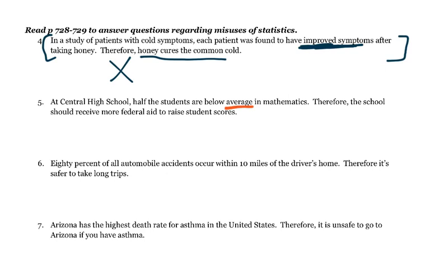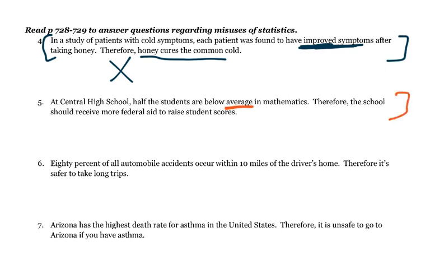Like the average of local schools in the neighborhood or in the city? It doesn't say what average they're talking about. It doesn't say what population they're talking about. They're missing information. They could be talking about the median versus the mean. We don't know. And so therefore we can't make these conclusions.